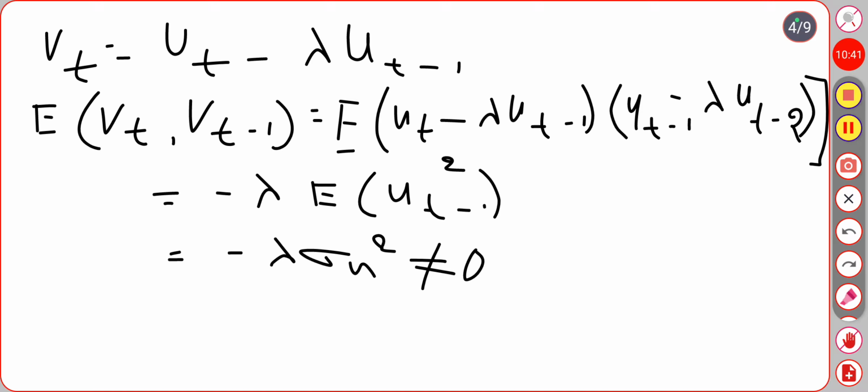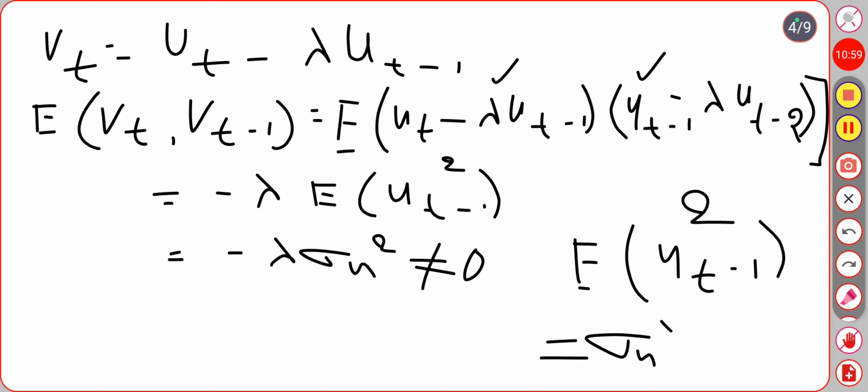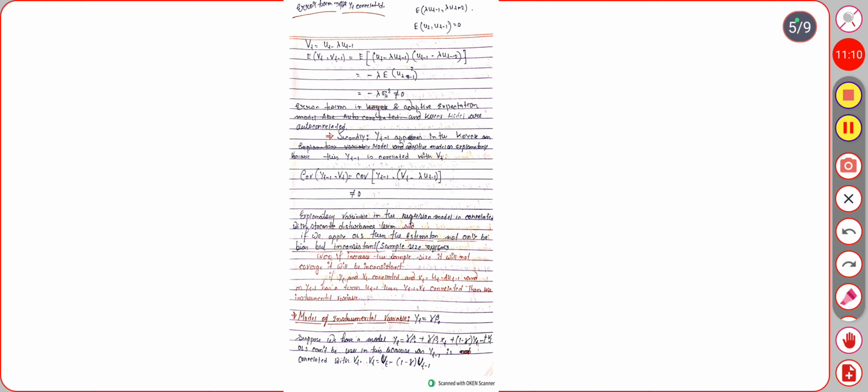So it is equal to minus lambda times the expected value of ut minus 1 square, which is minus lambda sigma u square. So ultimately the expected value of vt vt minus 1 is not equal to 0. So the error terms in the adaptive expectation and the Koyck models are autocorrelated.